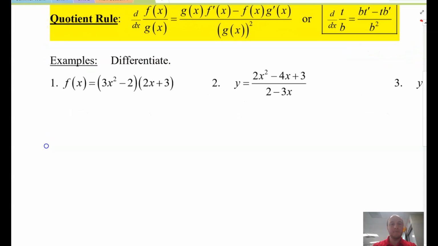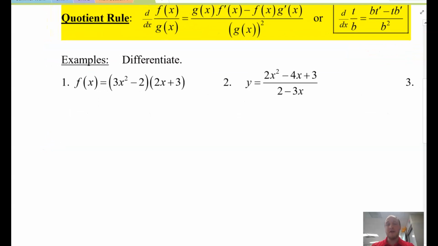So here's example 1. They ask us to differentiate. Now, you've done examples just like this before. However, you've multiplied out the two binomials, and then you've taken the power rule. Well, we're doing the product rule, so I'm not going to do that. Remember, the product rule is the first times the derivative of the second.